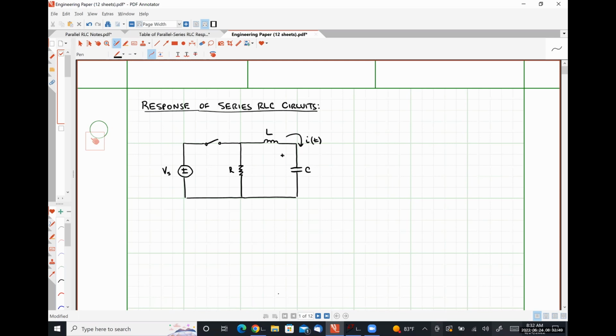And I'm going to define my capacitor voltage Vc of t such that the current I will flow into the positive polarity terminal during the transient condition.